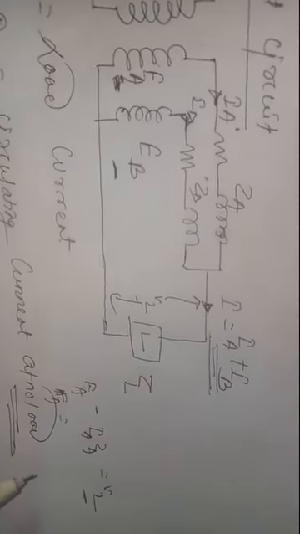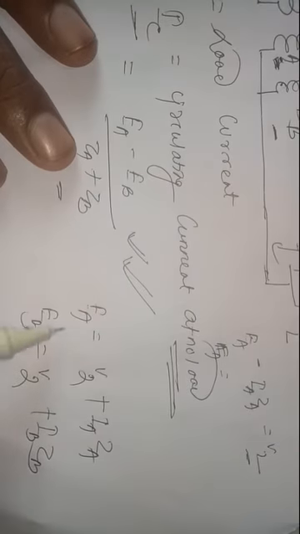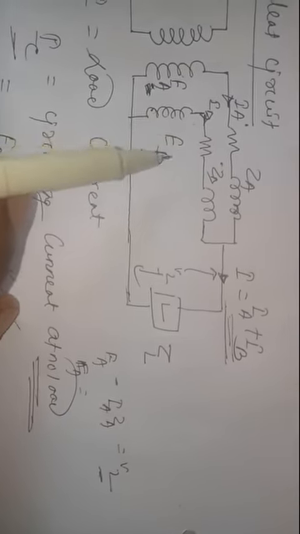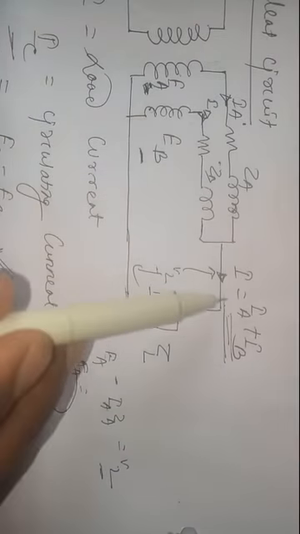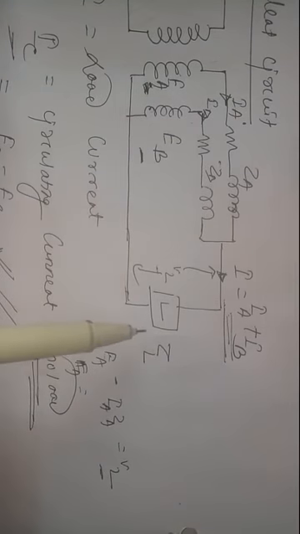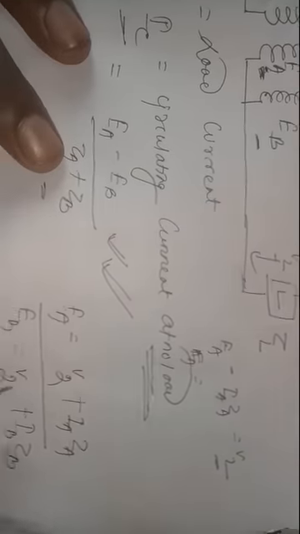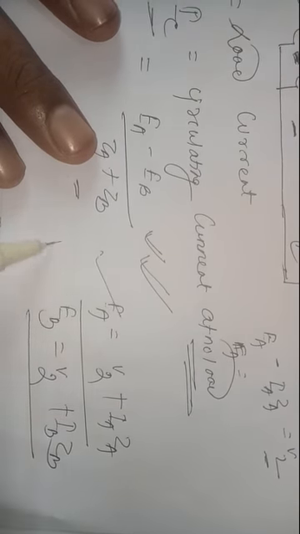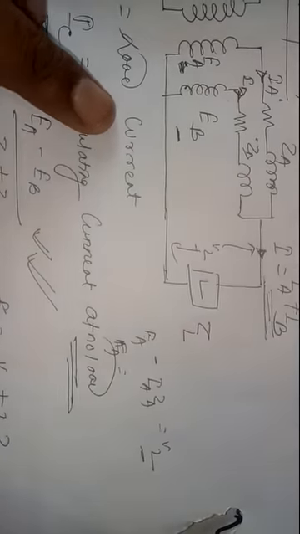Similarly, applying KVL to the other loop, EB minus IB ZB equals V2, so EB will be V2 plus IB ZB. These are the equations of the no load induced EMFs on the secondaries of both transformers.